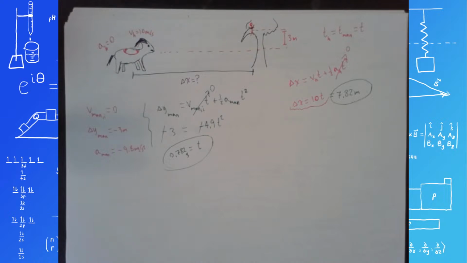So on a test, what you would do is you would do this calculation. You would submit your answer as 7.82 meters for part A. And then when you get to part B, you say t equals 0.782 seconds as shown in the calculations when solving part A, or something to that effect. And you would get full credit for that.